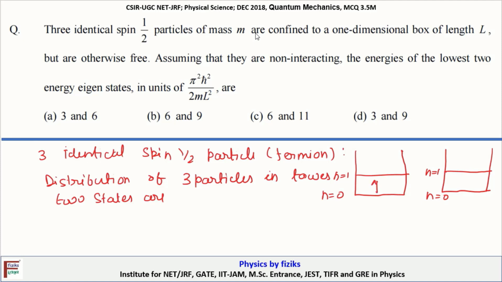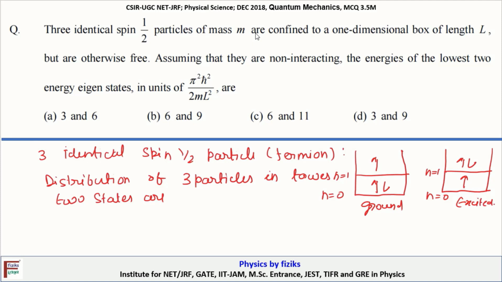So initially the distribution of electrons is like this, and in the next stage an electron moves like this. So this would be the ground state, this would be the excited state.